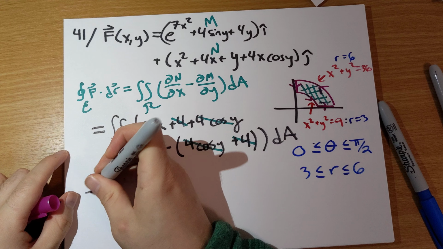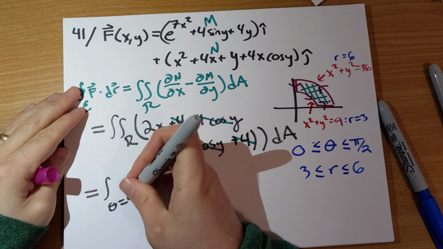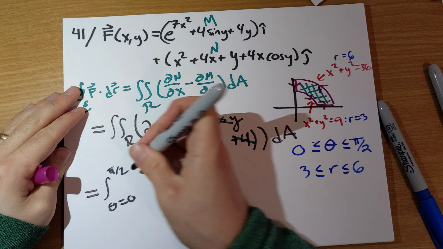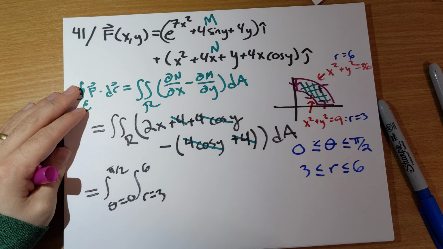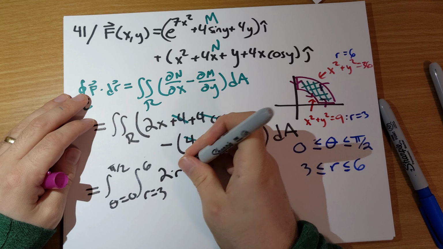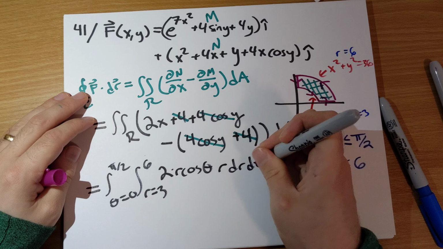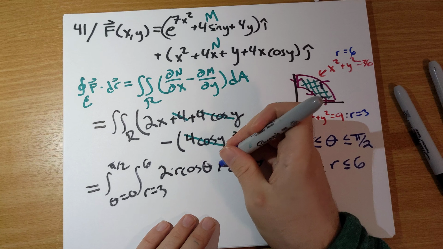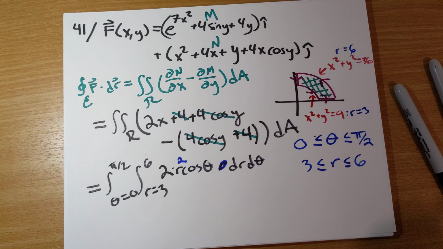Okay, so where are we here? We have the integral where theta runs from 0 to pi over 2, and r runs from 3 to 6, of 2 times x. x becomes r cosine theta, and r dr d theta. And so 2r squared cosine theta dr d theta.